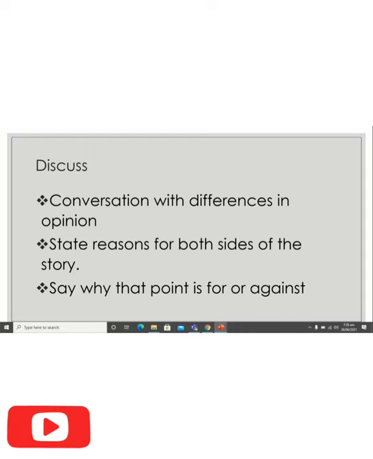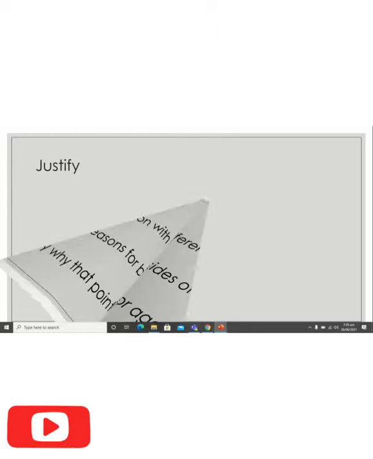Why is this point against the thing and why is this point for the thing? When you do that, you're not really giving your opinion, you're just stating facts because this is science and we really work on factual information. So you're just stating reasons for or against a certain situation, scenario, etc. So that is discuss, conversation with differences in opinion.